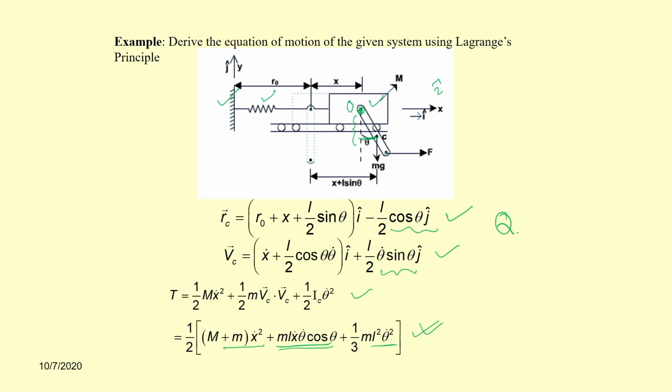You know the formula Qk equal to summation i equal to 1 to n, and in this case n is 2, of f i dot del r i by del q k. So, capital Q k equals f i dot del r i by del q k.